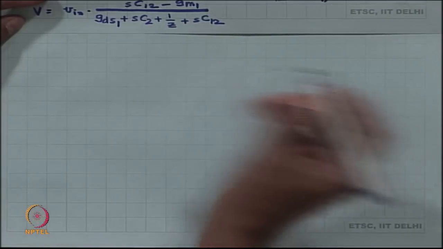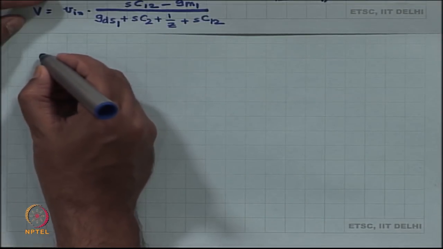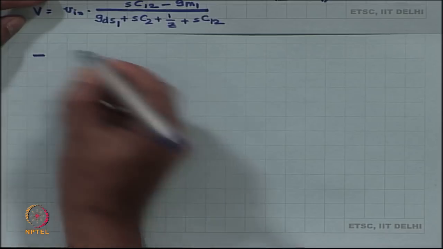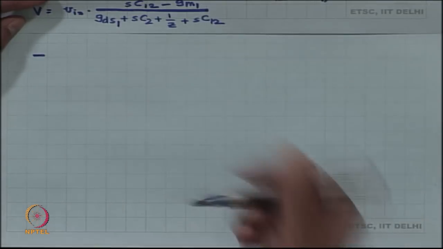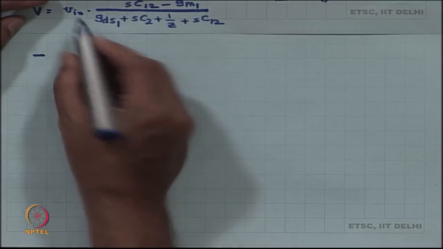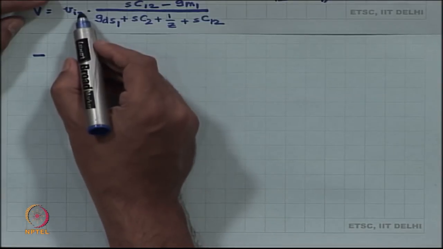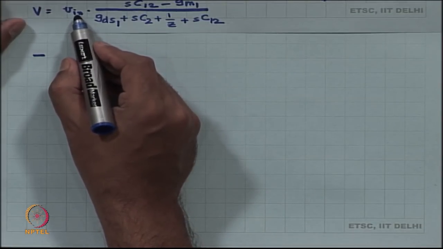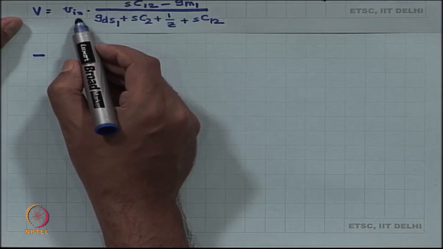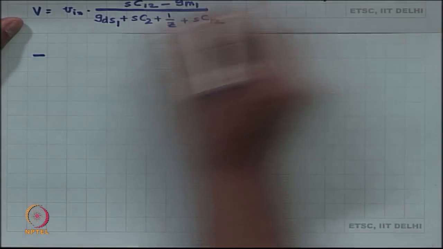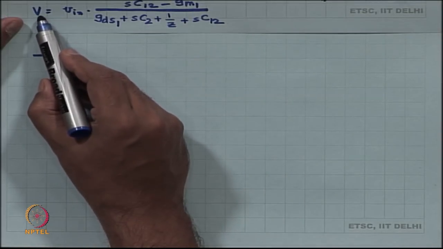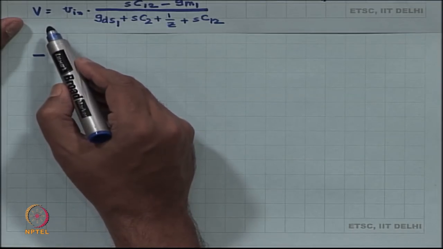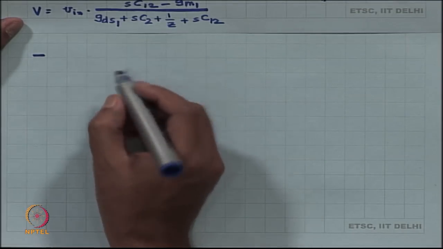So, transconductance. Okay, so, the transconductance is minus, because I am looking at the current coming in. So, therefore, a minus times V in goes away in the transconductance expression. This is the expression for V, I was looking for V by Z, all right.